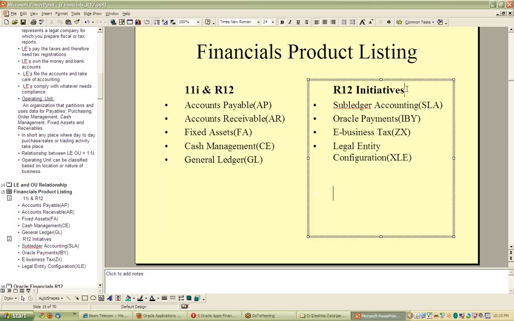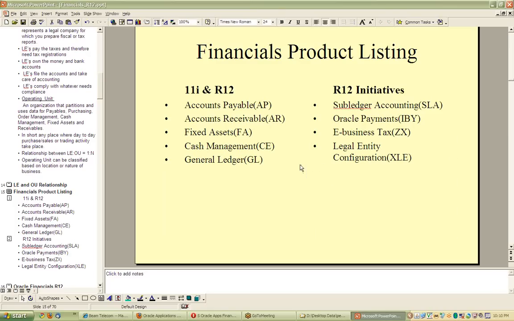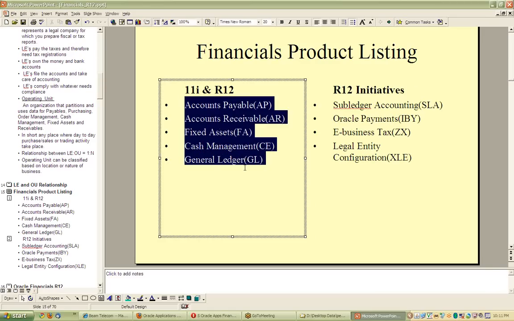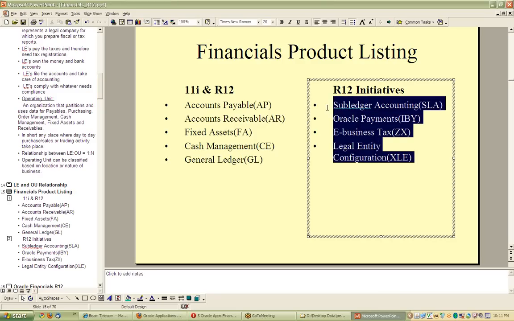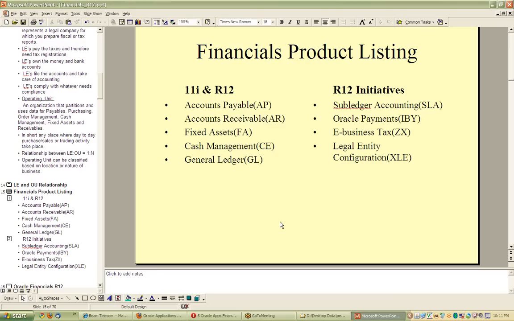They were not earlier available in 11i. So we have AP, AR, FA. You have heard of these products? No, I've not really got into this yet. Release 12, I've not really known much of what are the changes.